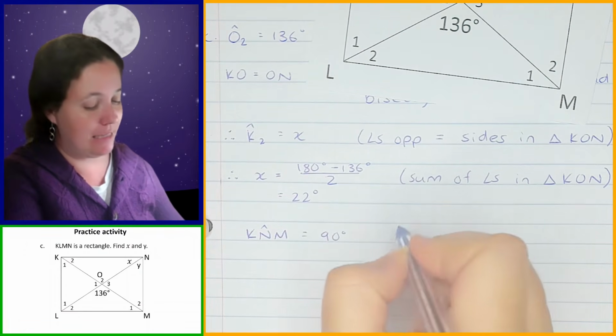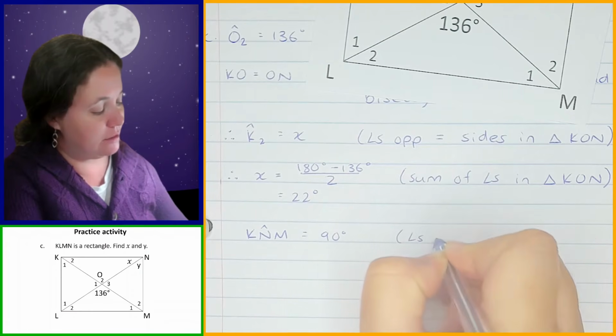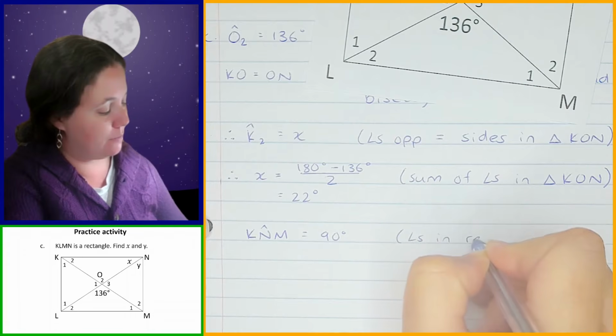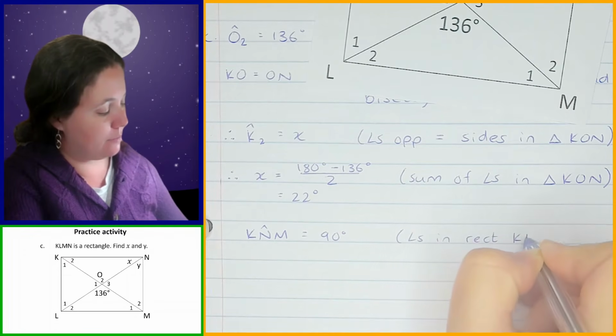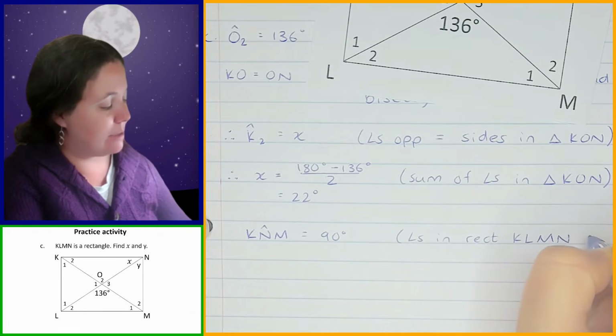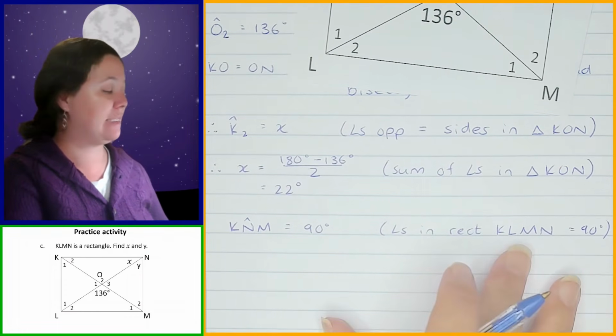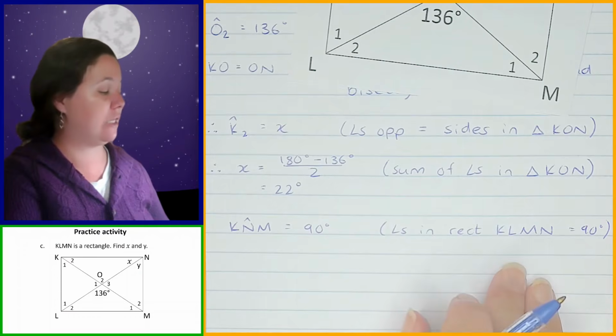And the reason I can say that is because the angles in rectangle KLMN must all equal 90 degrees. That's one of the properties of a rectangle, that all the angles are equal to 90 degrees.